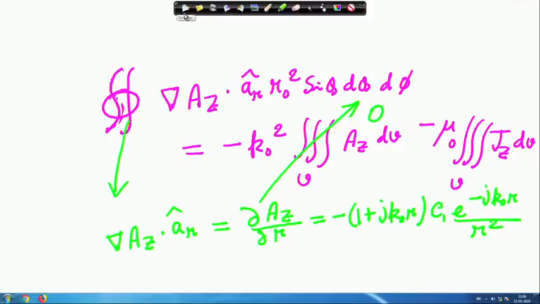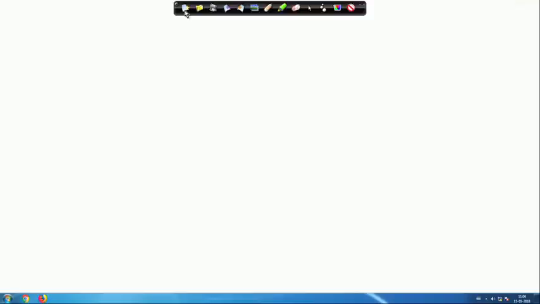So, everything now is ready. I am now putting the limit R tends to 0. Already this is a surface integral.